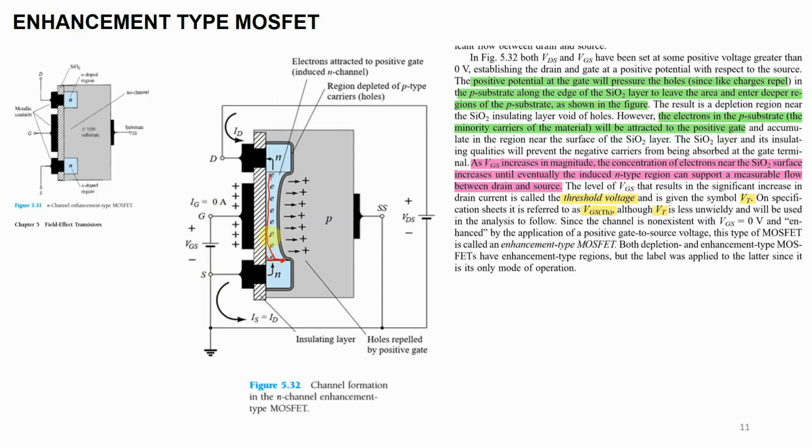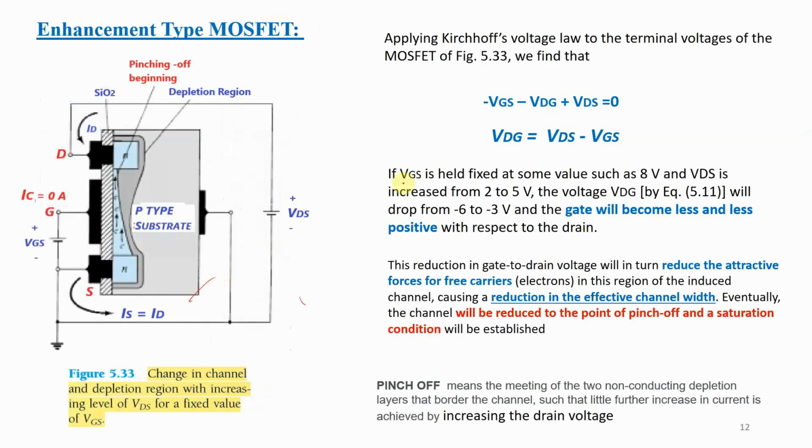But these electrons cannot be attracted totally to the gate because of the insulation here. So there will be more electrons here. The higher the voltage here, the more electrons here, there will be accumulation. The higher the current that it can accommodate, it will increase. Now, having said that, if we have accumulated electrons here, then how is the current being controlled?